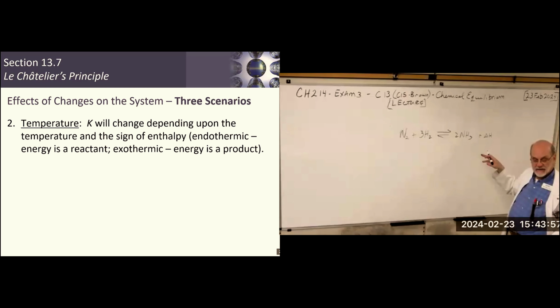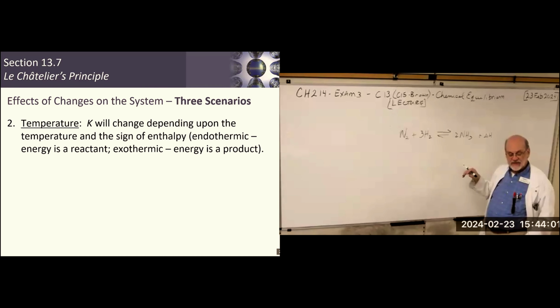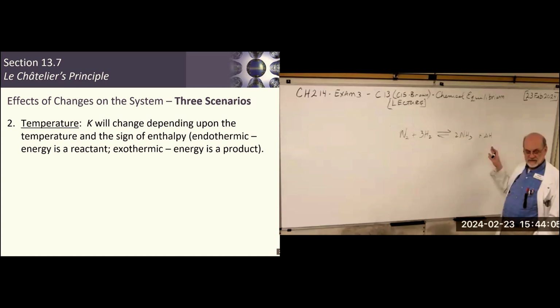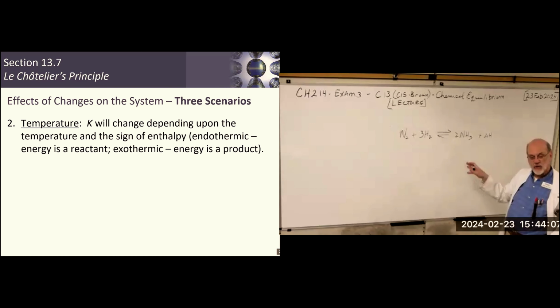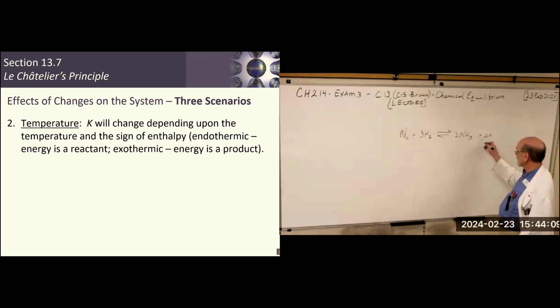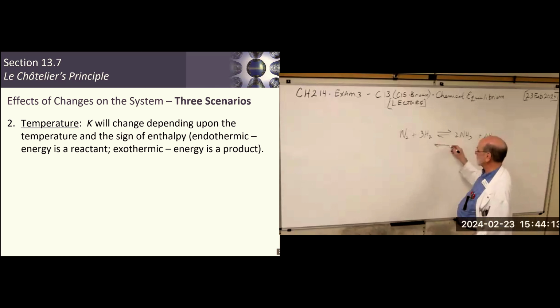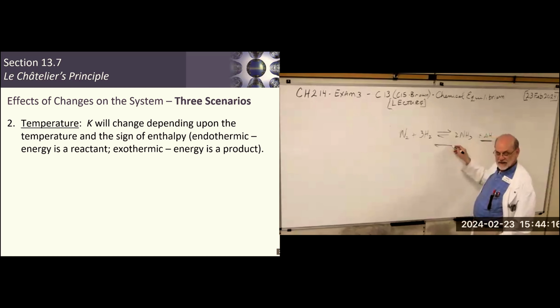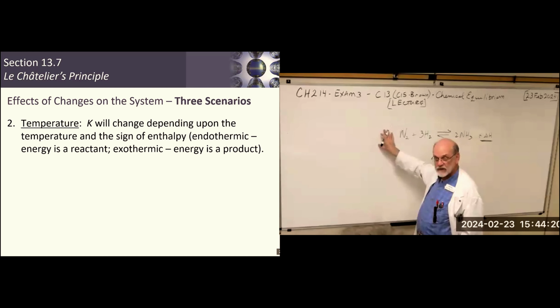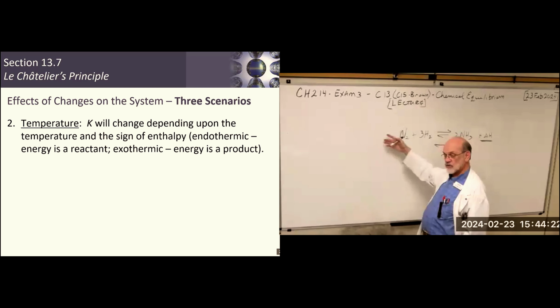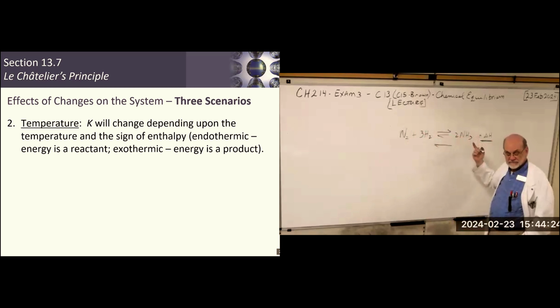If you do that, then regardless of what the K is, if you change the temperature, you're changing the amount of heat. So if I increase the temperature, then I'm increasing this factor, and that drives the reaction back that direction. For endothermic reactions, we put this on the other side, and if you increase the temperature for those, it drives it to the products.